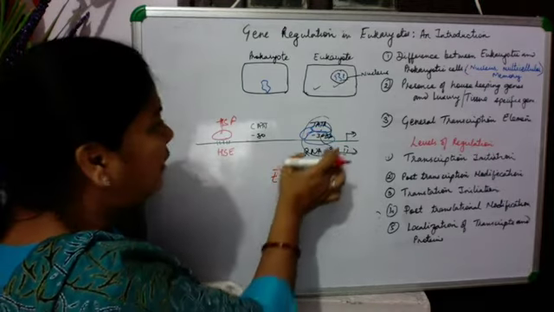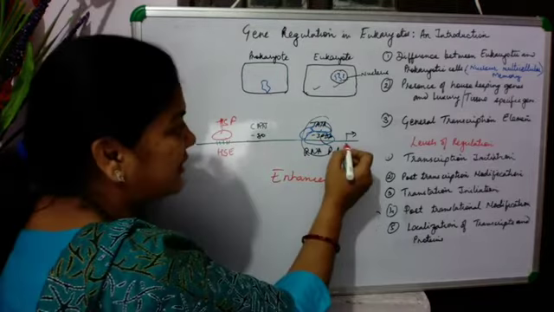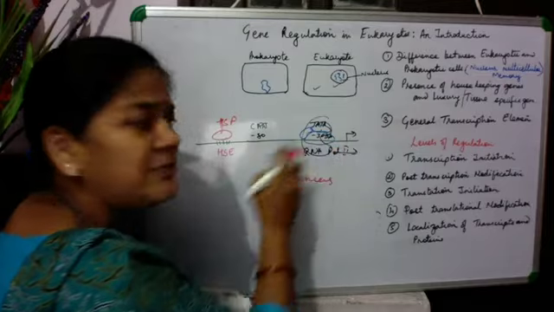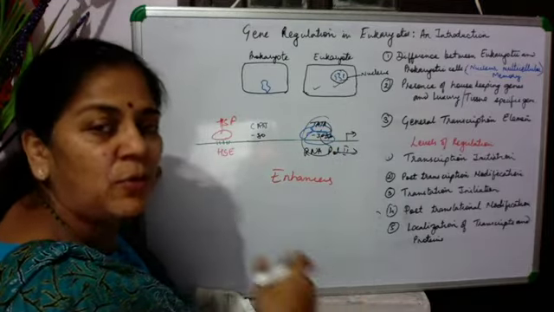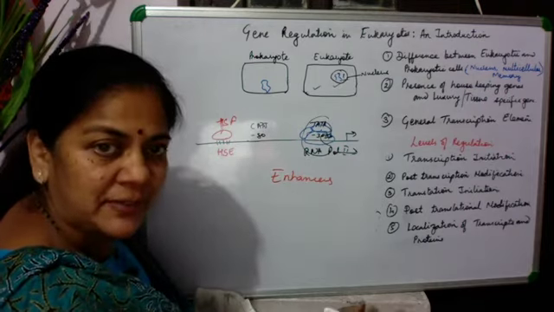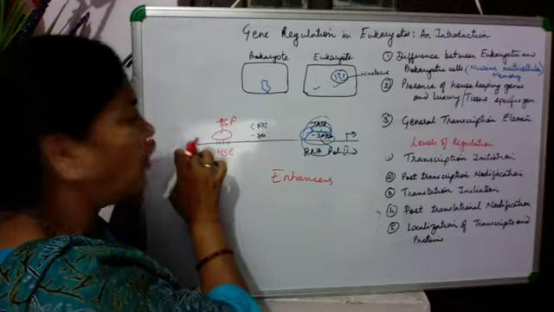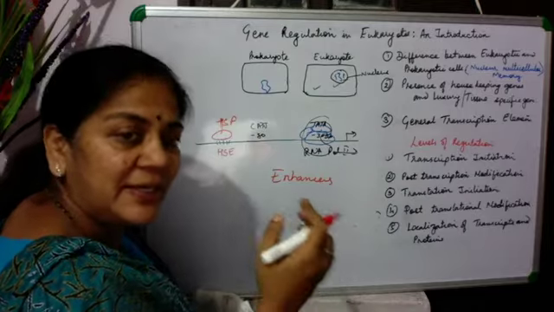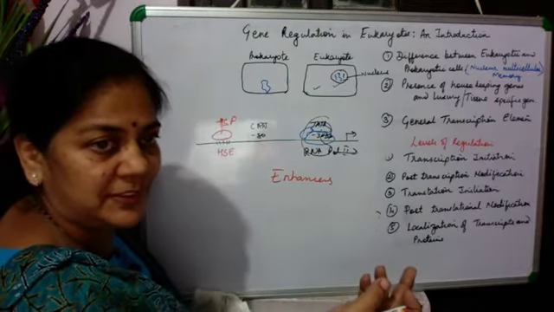But unlike all these other factors which are in close proximity of the transcription start point and are always present upstream of it, the enhancers function in an orientation-independent and location-independent manner. What it means is these enhancer elements can be present upstream, they can be present downstream of the gene, and they can sometimes be present hundreds of kilobases away from the gene.